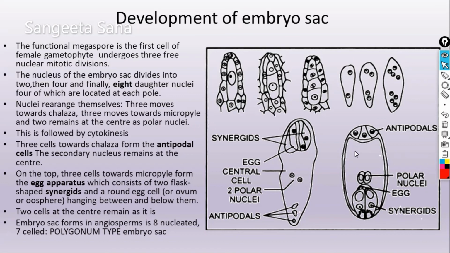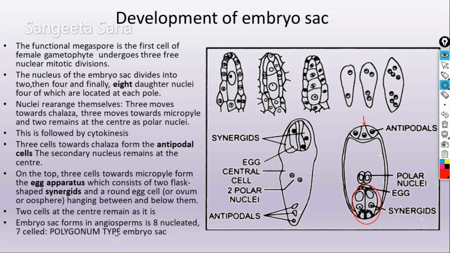These 3 cells towards the chalaza region result in the formation of the antipodal cells. And the 3 in the micropyle region form the egg apparatus. This whole part is the egg apparatus. Now, what does this egg apparatus consist of?